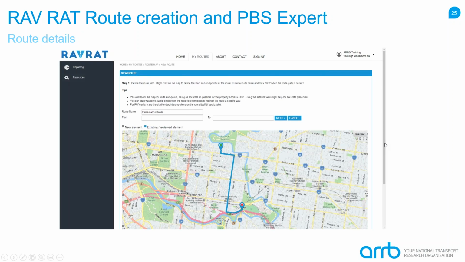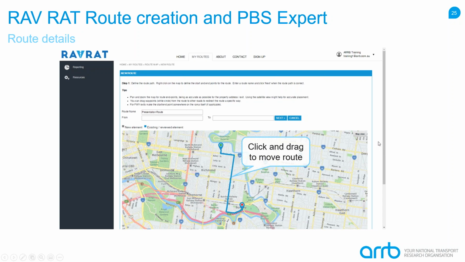So once we have the start and finish points set up, the route will appear on our map as shown. It's possible to change the routing of the map simply by clicking on any section of the route and just moving it over. So you just click and drag the route to where you actually need it to sit. So if you want to avoid a certain street, you can kind of route around it.